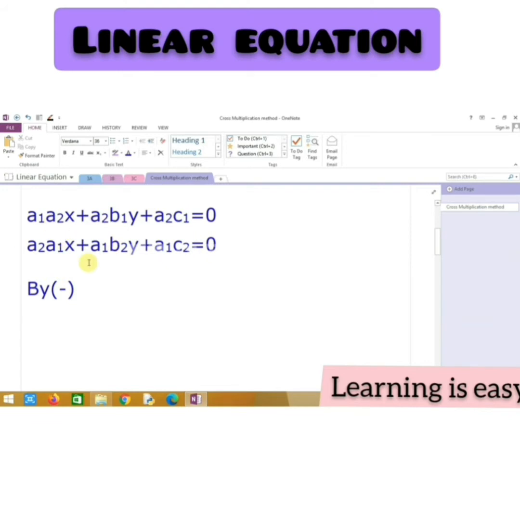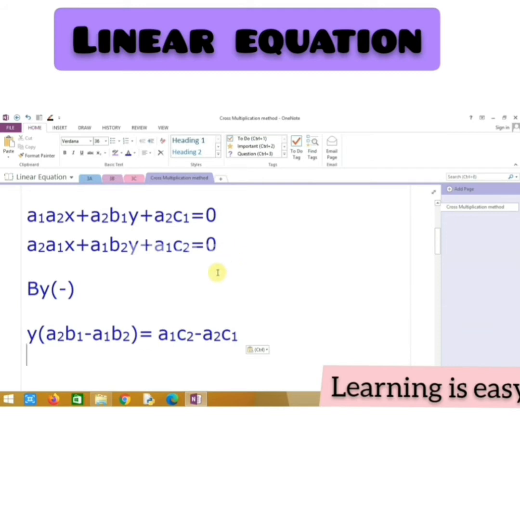So we take y common and write the coefficients of y on the left hand side, and the constants go to the right hand side.